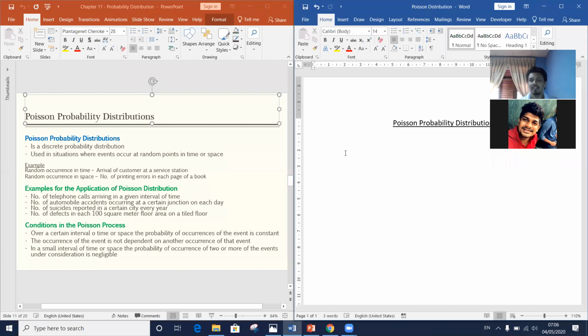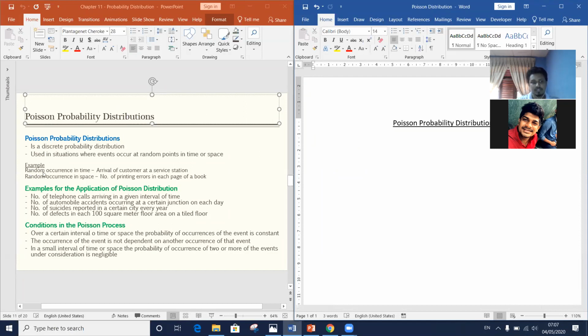Or on average 10 patients are reported, so what is the probability of 5 patients being reported? 6 patients? What is the probability of not a single patient being reported? If we want to calculate probabilities as such, then we can use what? Poisson probability distributions, right? Just an example.